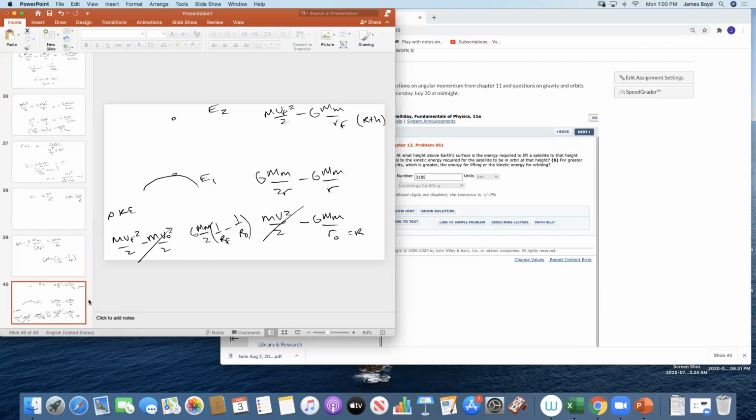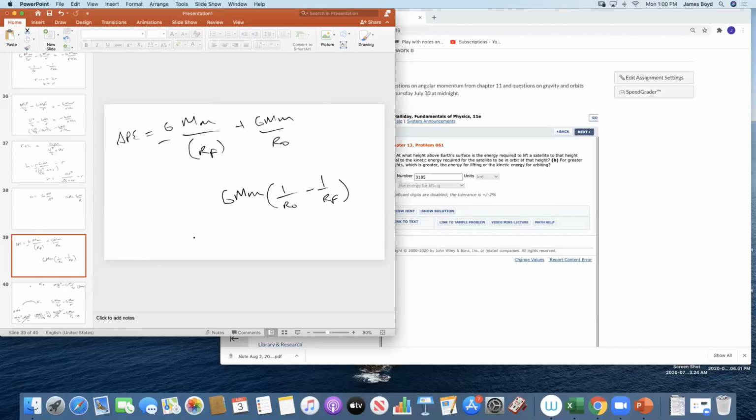Let's compare these two. I got GMm over 2 times 1 over R final minus 1 over R initial. We're assuming that R final is bigger than R initial, right? Which one requires less energy?